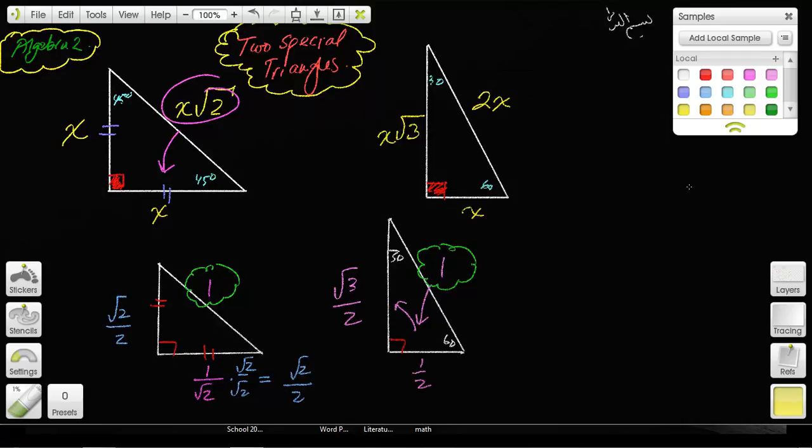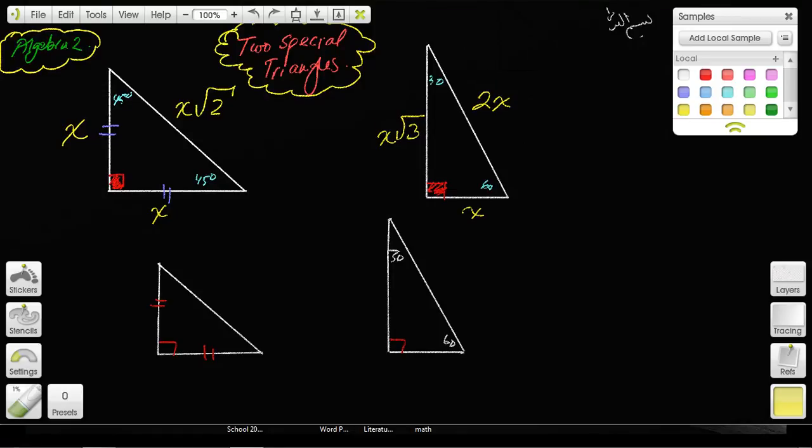This is so important that I'm just going to do this one more time. As an example again, this is a 45, 45, 90 triangle. I could give you an example where the hypotenuse is 10, or 8, or 3 square root of 5, whatever. But how about we make it simple? Hypotenuse is 1. Let's derive the remainder of the sides.